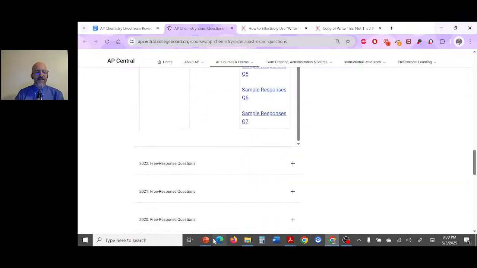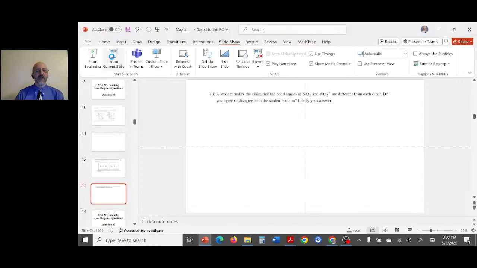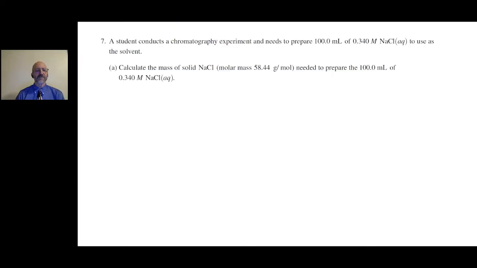Okay, so back to question 7 of the 2024 exam. Again, remember how I talked about the entry point being pretty simple for part A? Calculate the mass of solid sodium chloride that is needed to prepare 100 milliliters of 0.34 molar sodium chloride.